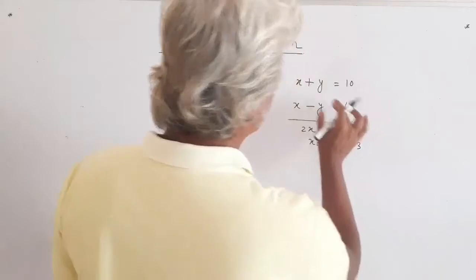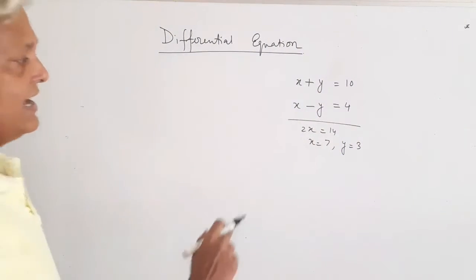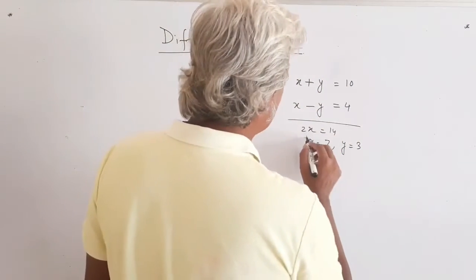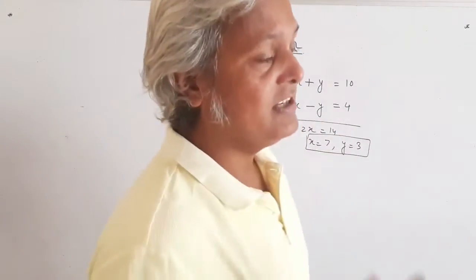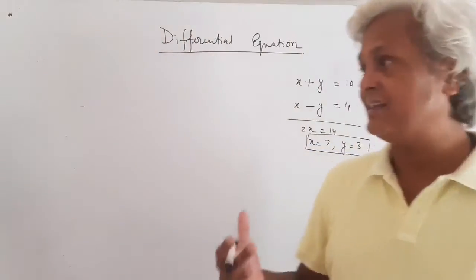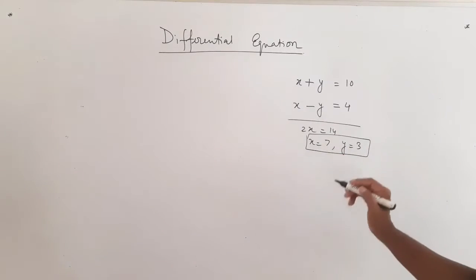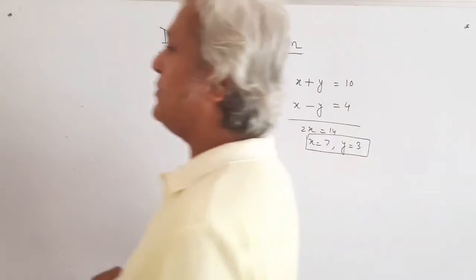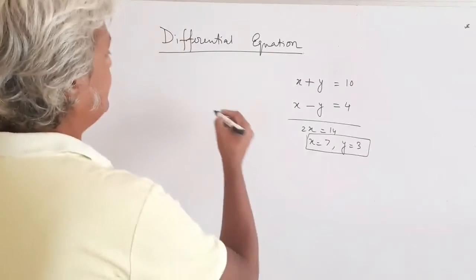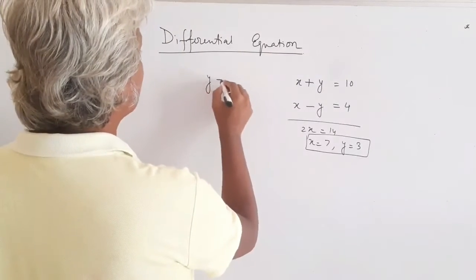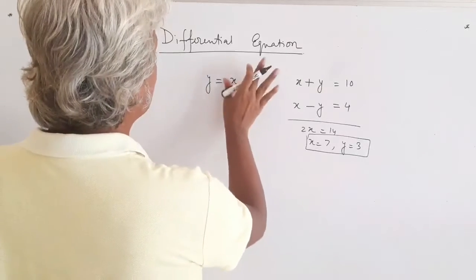So the solutions of these kinds of equations are the numerical values 7 and 3. When we talk about the variables x and y, we call x the independent variable and y the dependent variable, because y can be expressed as 10 minus x.